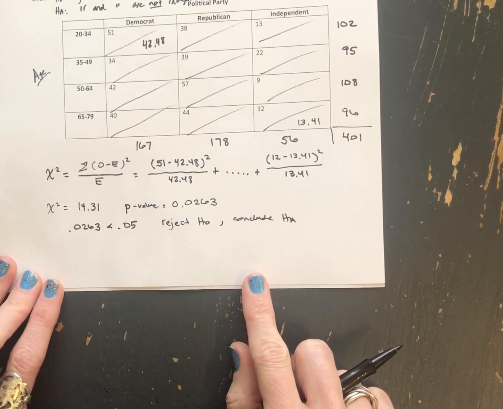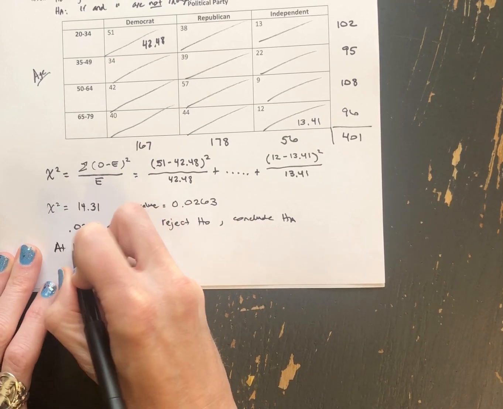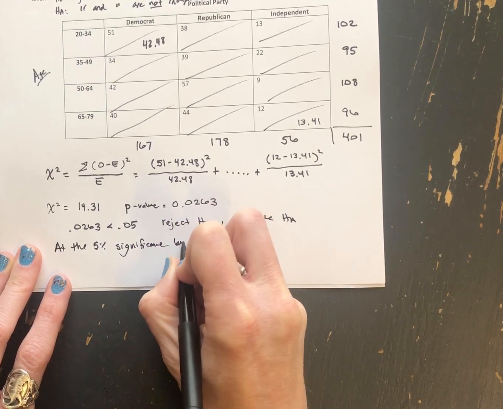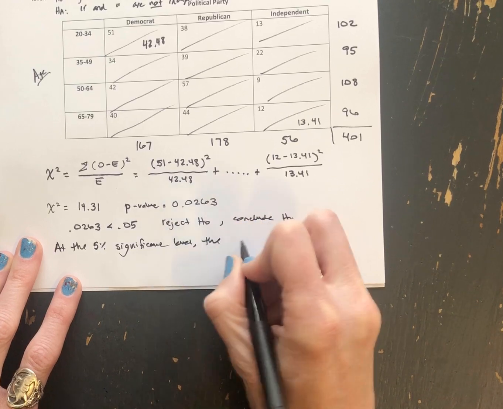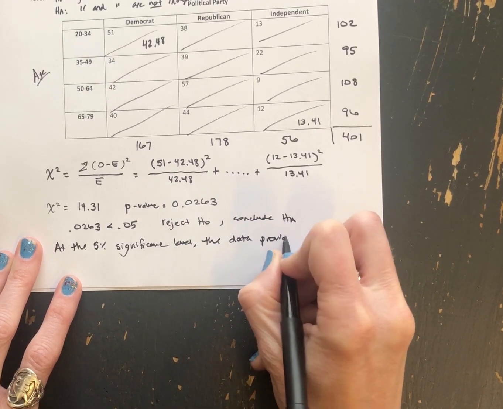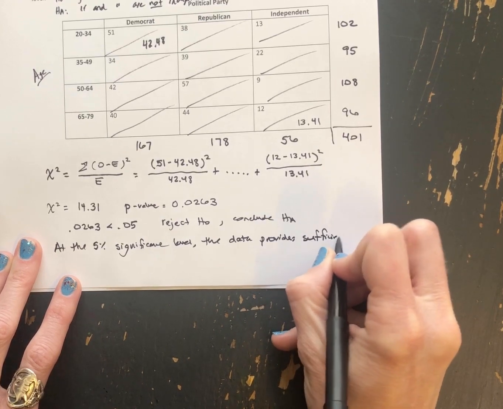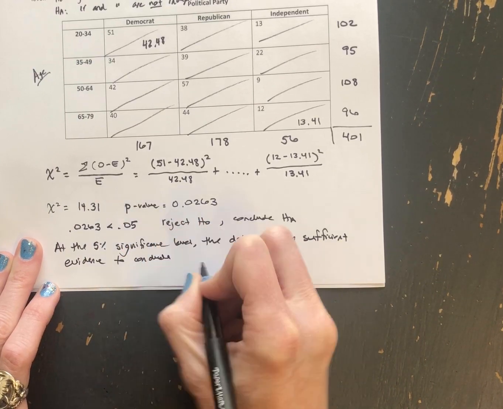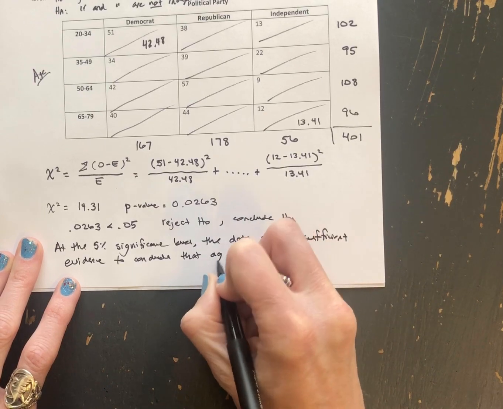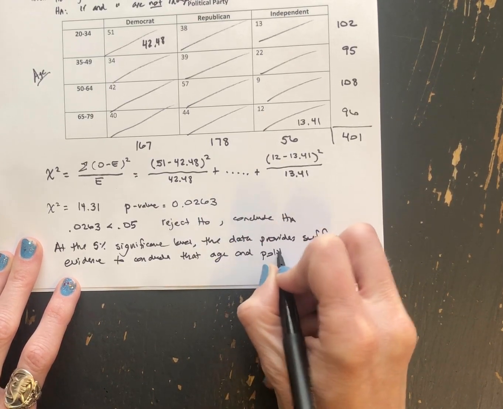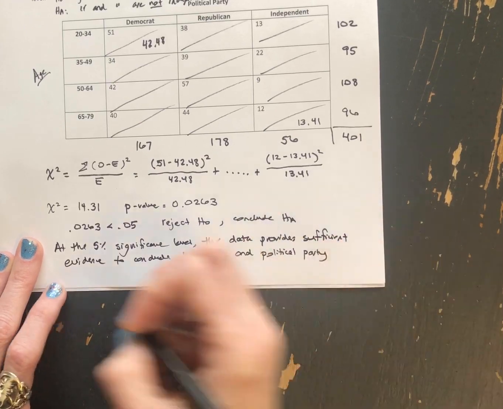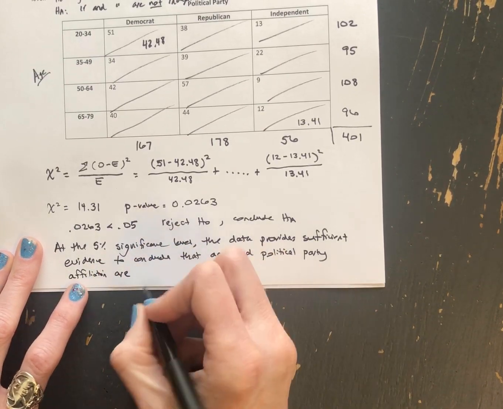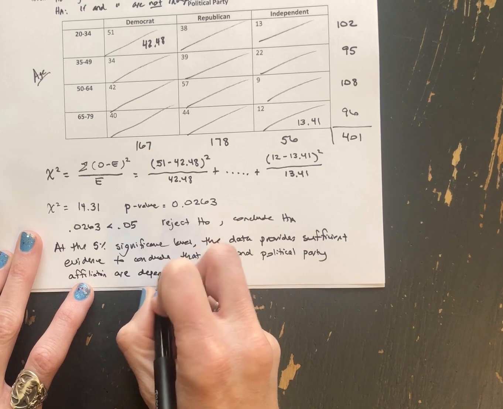And so let's summarize this here with our conclusion, which is at the 5% significance level, the data provides sufficient evidence to conclude that age and political party affiliation are, you could either say not independent or you could say dependent.